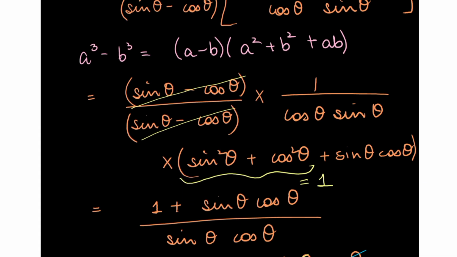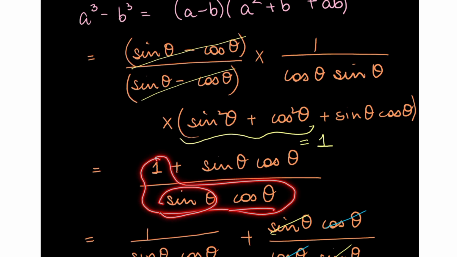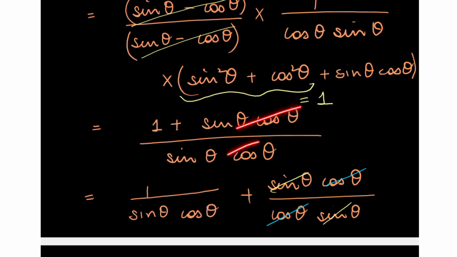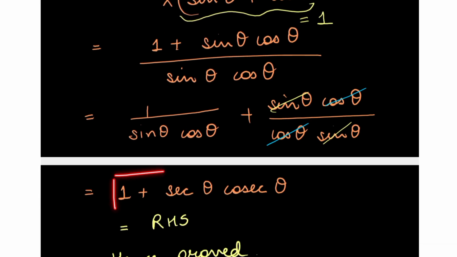So what are we left with? 1 plus sin theta cos theta divided by sin theta cos theta. If we take this into consideration, we are left with cosecant theta into secant theta, and this can be cancelled if we split this into 2 terms. Okay, so we are left with 1 plus secant theta cosecant theta, which is the right hand side that needs to be proven.